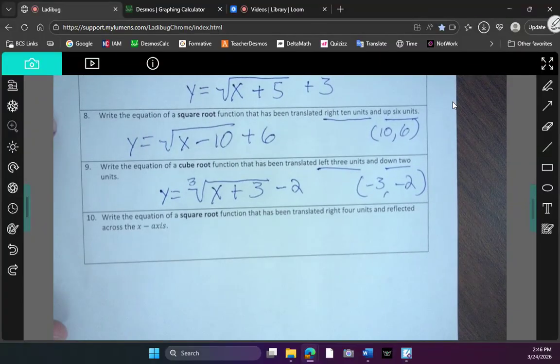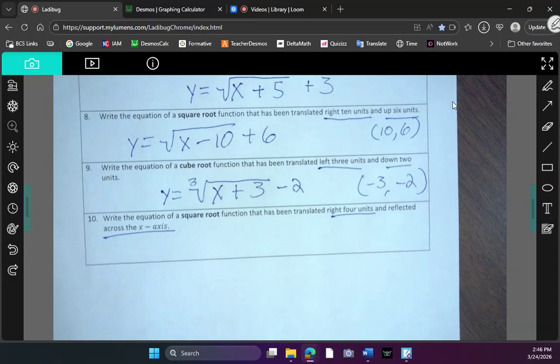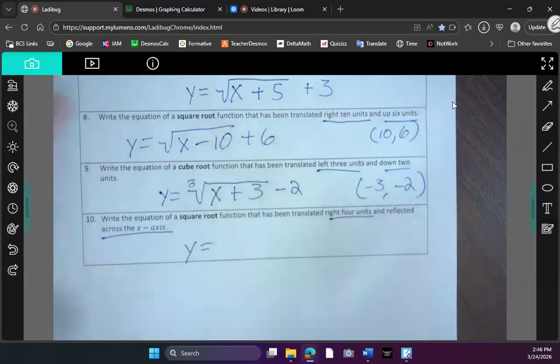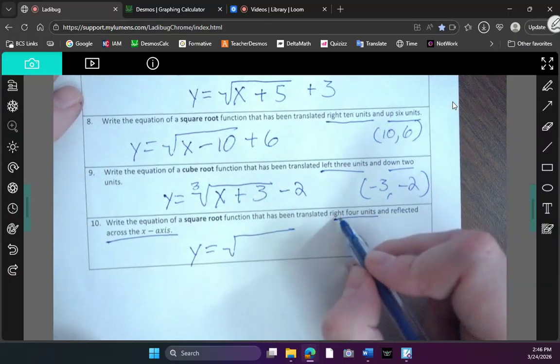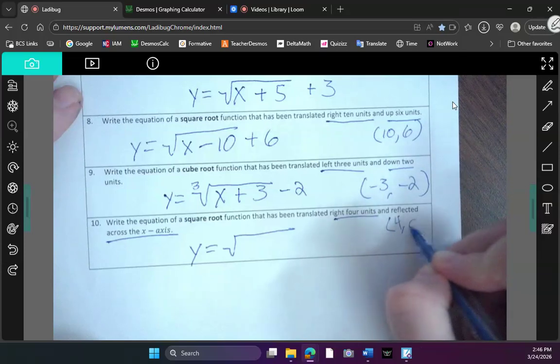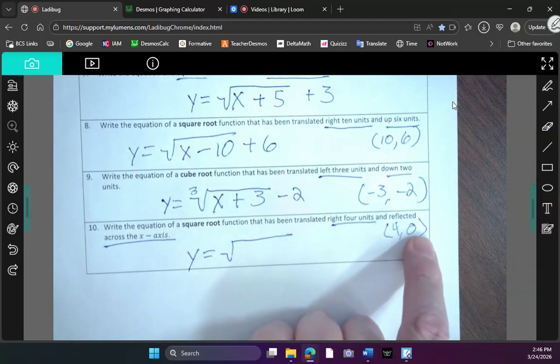And then finally, write the equation of a square root function that has been translated right 4 units and reflected across the x-axis. Okay, so be careful on this one. We got y equals, and it's a square root. So right 4 units is going to be 4, 0, because we didn't go up or down. They didn't specify, so that's going to be a 0.